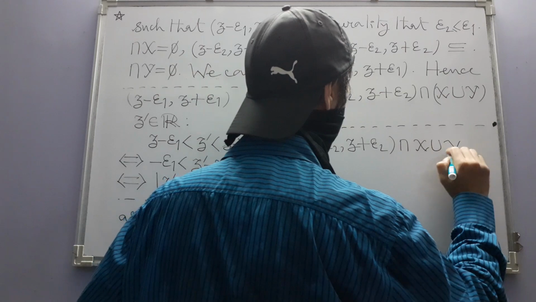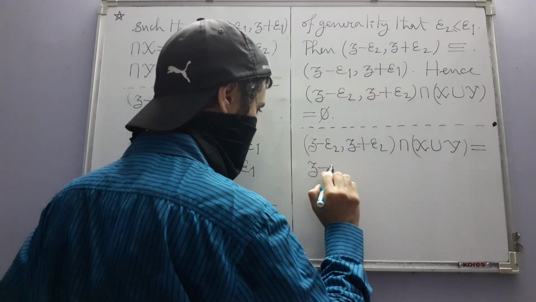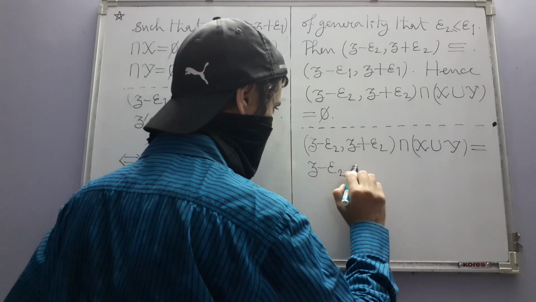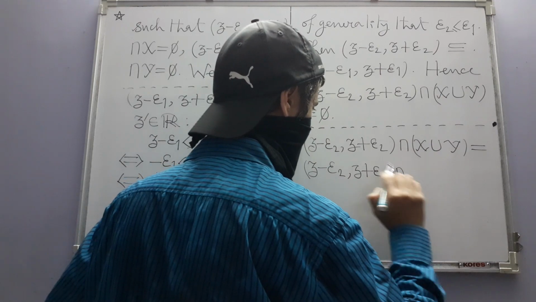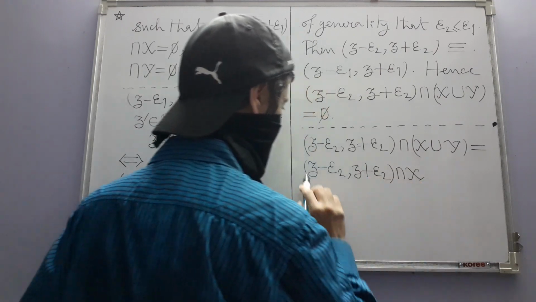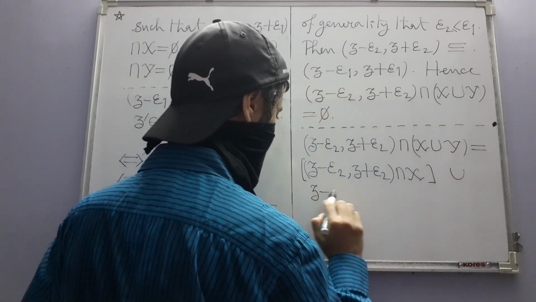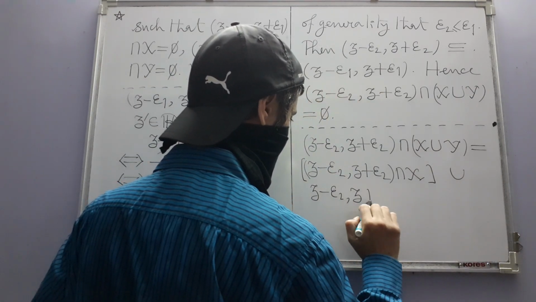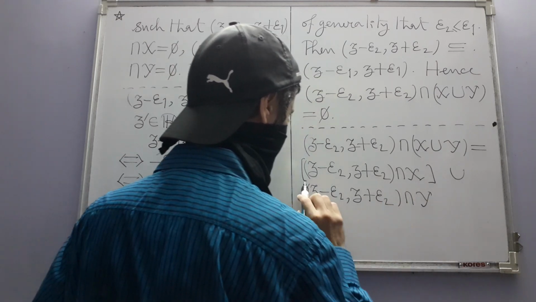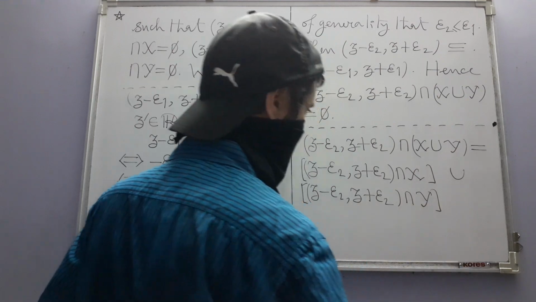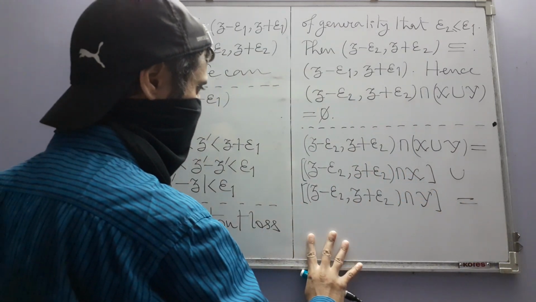Say we want to calculate this intersection, then by that distributive law from set theory, this is equal to this intersection X union this interval intersection Y. Fine.